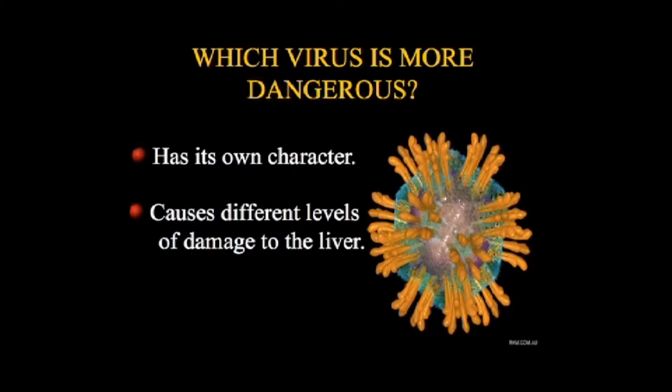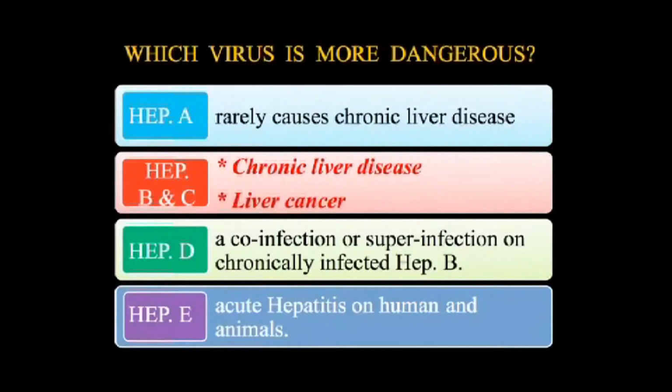But different viruses have different characteristics. If you look at the screen, you can see Hep A virus rarely causes a chronic liver problem, usually causing an acute problem. B and C can cause acute and chronic liver disease as well as cancer. D only lives alongside Hep B, which we call co-infection.